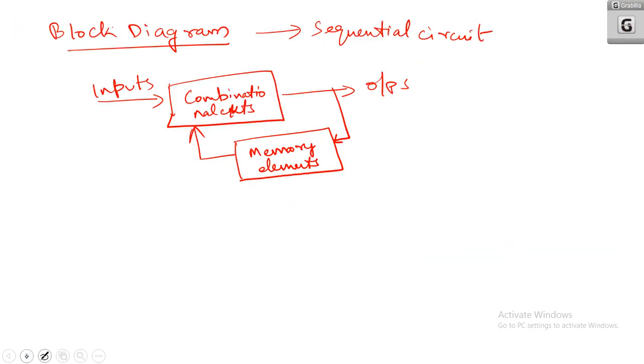Now coming into the difference between combinational and sequential circuits.